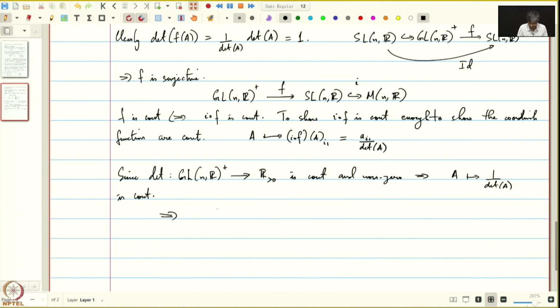So this implies that if I take A and send it to A_i1 divided by determinant of A, this is continuous, right?